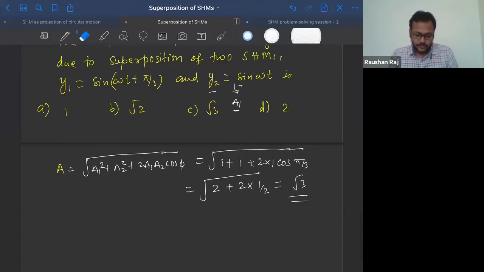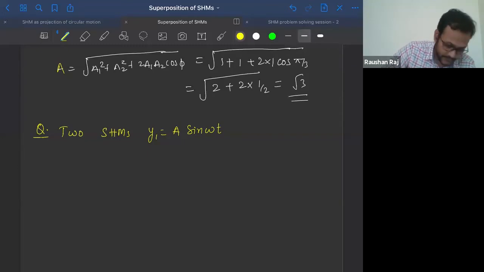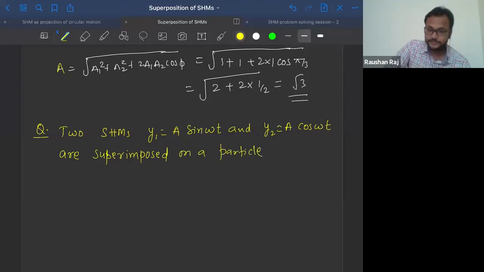Now let us solve one more numerical here. Question number 2. Two simple harmonic motions, y1 is equal to a sin omega t and y2 is equal to a cos omega t, are superimposed on a particle of mass m.